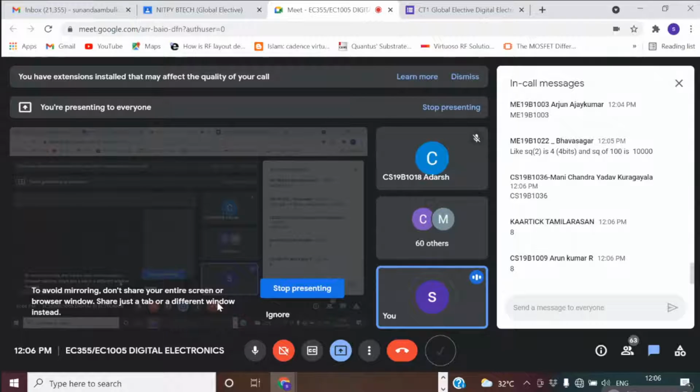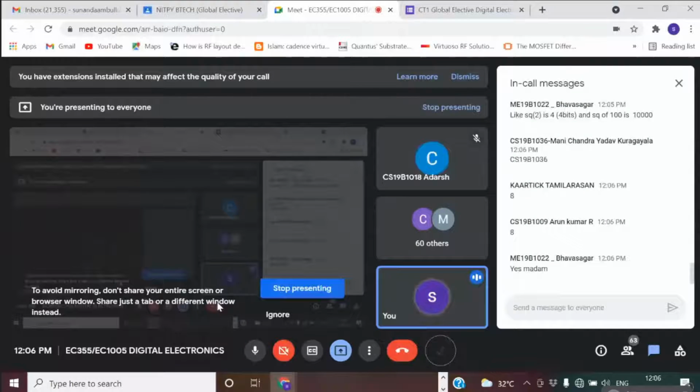So what is the maximum number which can be represented by 3 bits? Obviously, it is. What is the maximum number? Tell me. 7. Okay, 0 to 7. So 0 to 7 we have to square.